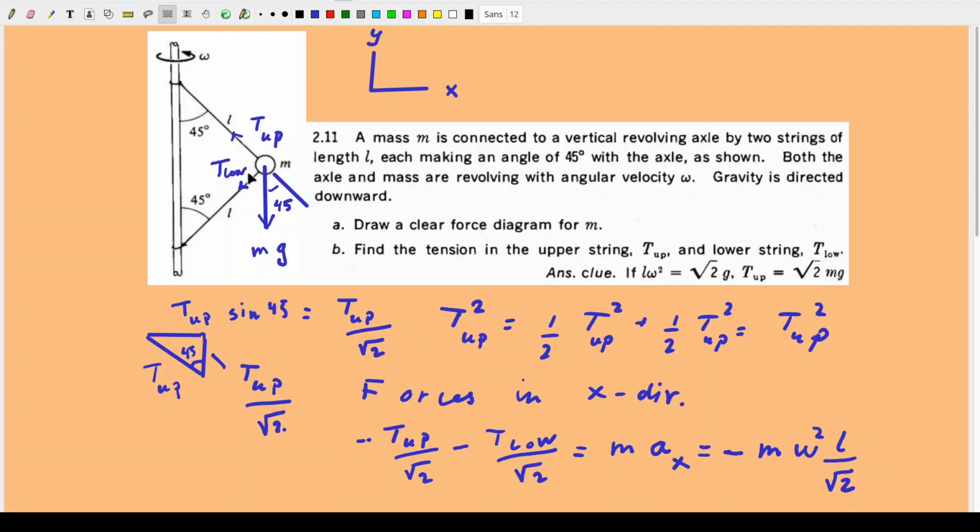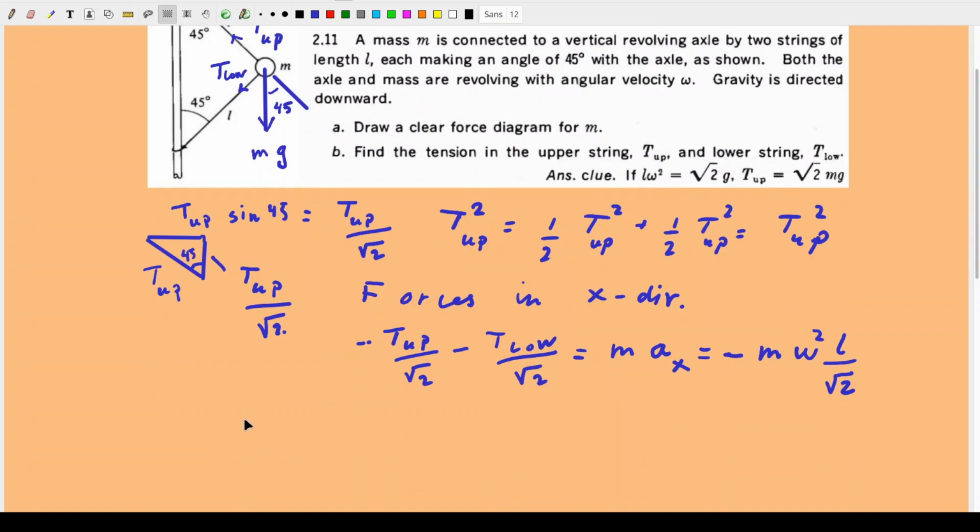So that distance here. If that distance is L, that one is L over square root 2, and also L over square root 2. So we get a simpler result.